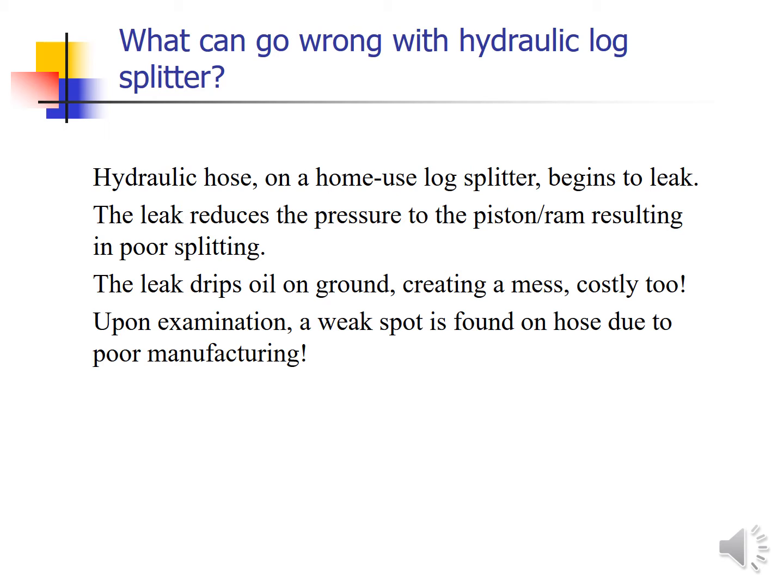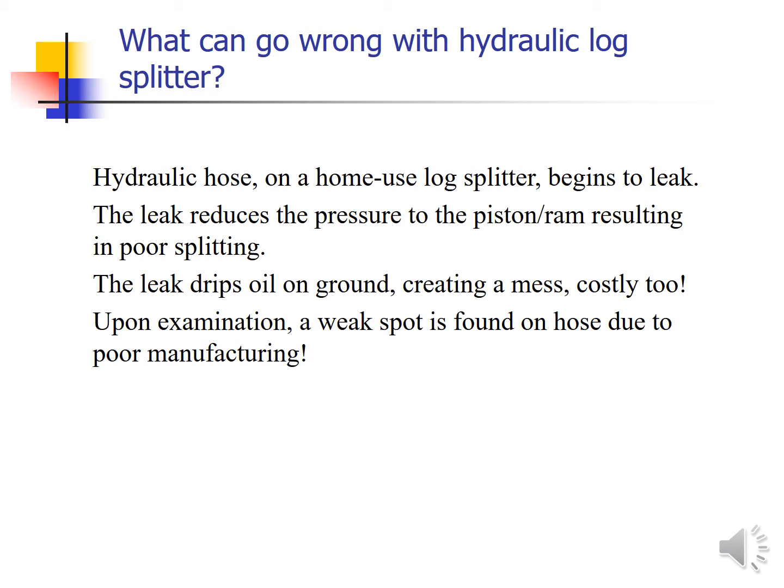Example: what can go wrong with a hydraulic log splitter? The hydraulic hose on the home-use log splitter began to leak. The leak reduced the pressure to the piston ram, resulting in poor splitting.